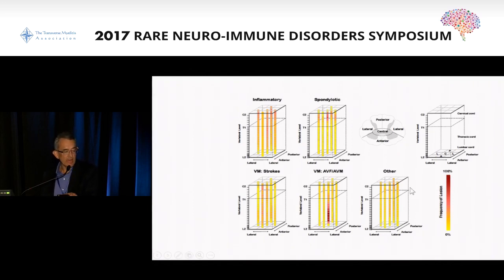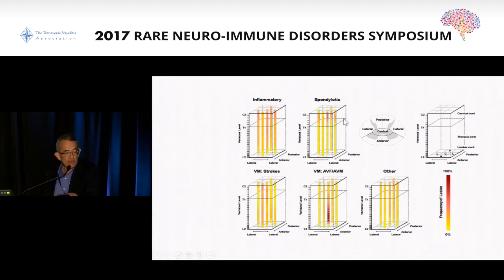What you can see here is that inflammatory myelopathies have a tendency to involve several segments and several compartments of the spinal cord, including the anterior, posterior, and lateral. What is interesting is that frequently in patients with inflammatory myelopathies, the central cord compartment and the cervical cord are particularly affected in the overall population.